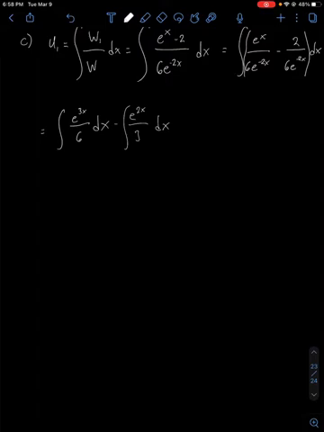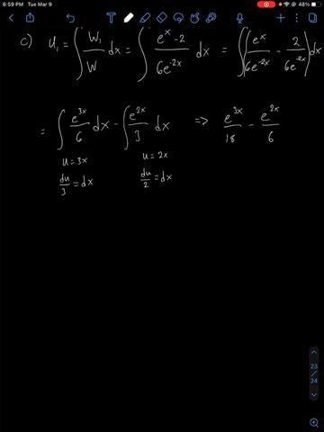And if I let u equal 3x here, du over 3 equals dx. And then if I let u equal 2x here, du over 2 equals dx, which means these two are going to equal 1 times 1 over 3 times 1 over 6 is 1 over 18, and then e to the 3x over 18 minus e to the 2x over 6.